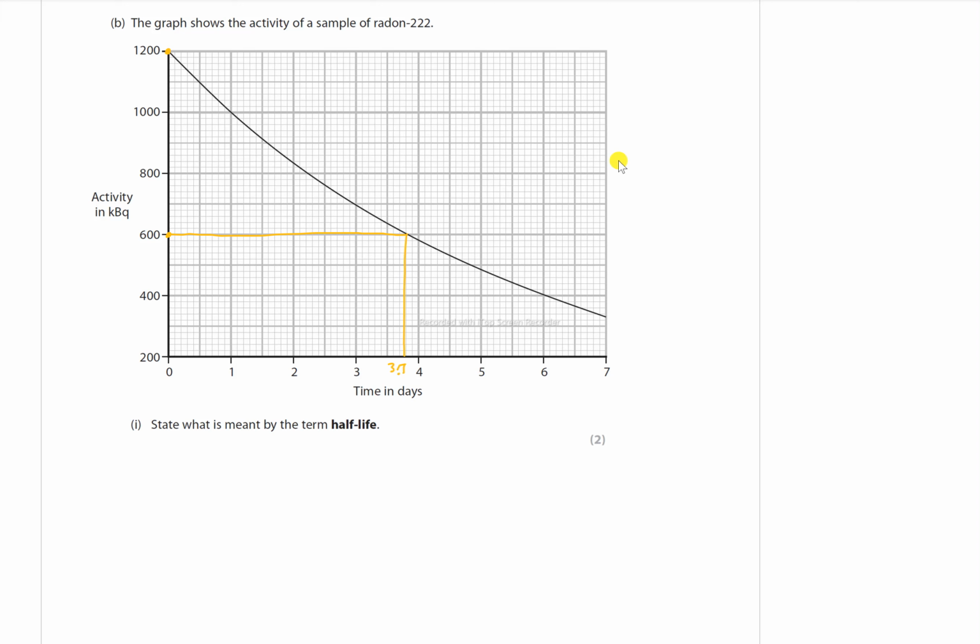What did we say at the beginning? It's the time taken for half the activity or radioactivity.